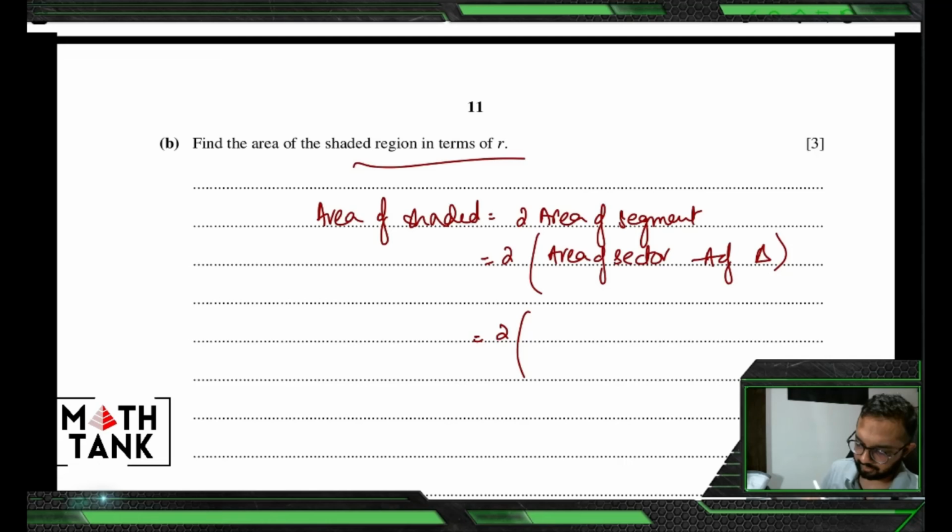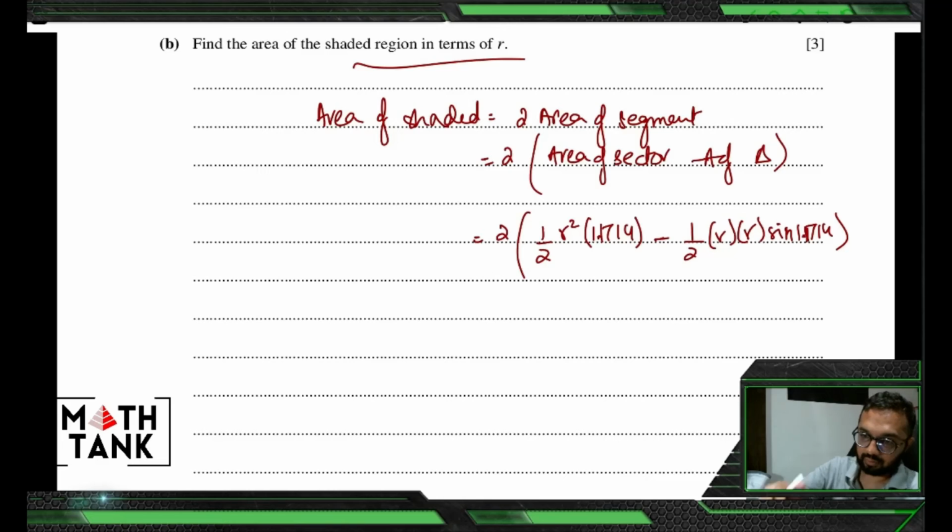So 2 times half r squared theta, minus, I'm taking the entire triangle, half r squared into sine of 1.1714. That gives 0.4606 r squared.